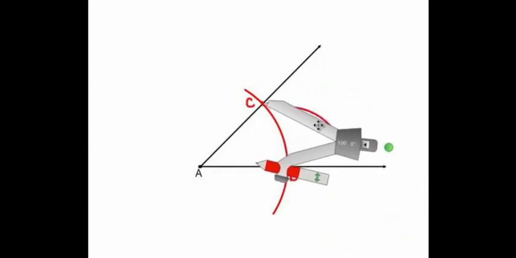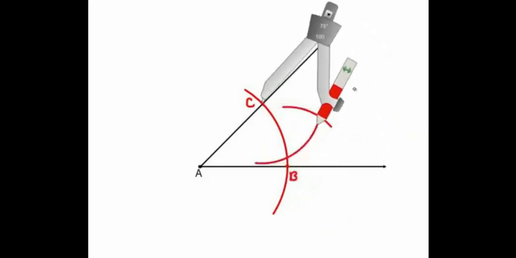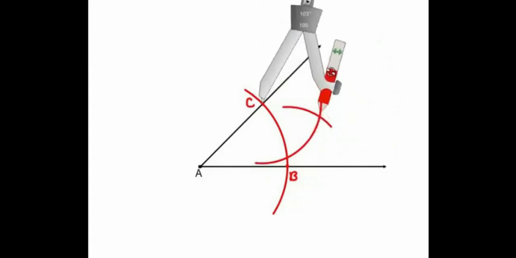Then using that same radius, put the compass point on C and make another arc, which is congruent to the arc you had just made.